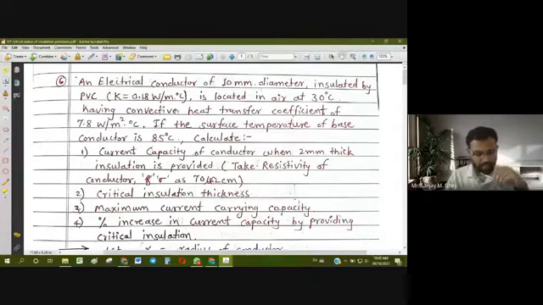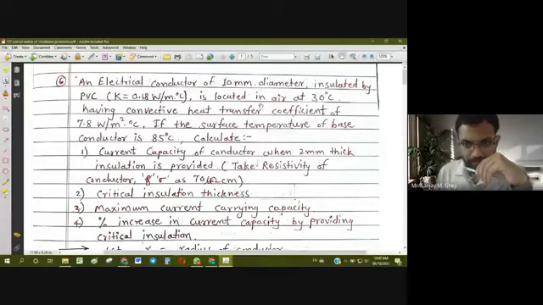Whatever heat is generated inside the conductor will be transferred to the surrounding air or environment, which is at 30 degrees Celsius, and that will be by convection. So the convective heat transfer coefficient h is given as 7.8 watt per meter square degree Celsius. And the surface temperature of the base conductor is 85 degrees Celsius.